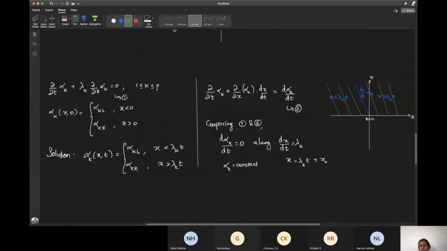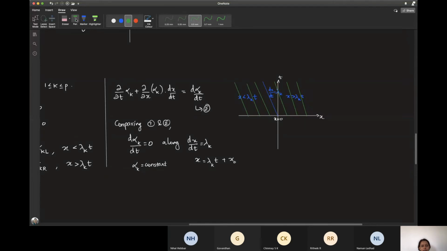Let's say this is x less than 0 at time t equals 0. Here your u is ul, and to the right of x equals 0, your u is ur.